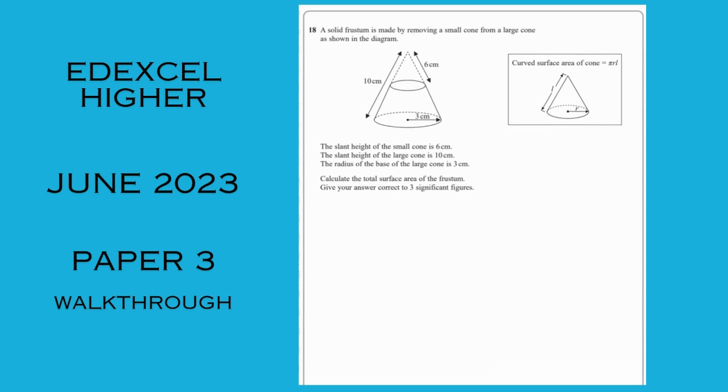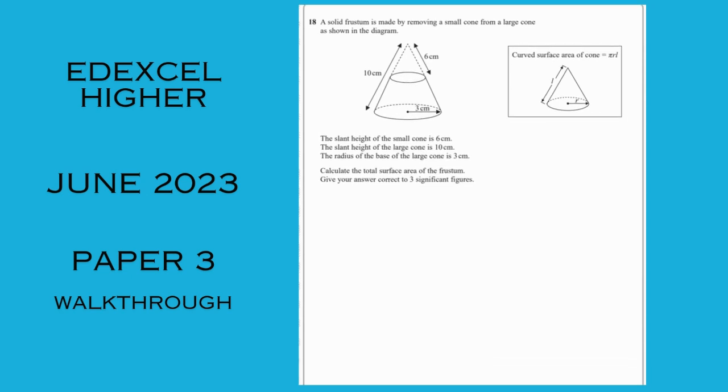Number 18, calculator papers love a frustum, so here we go. Now, as with most of these, the main spot, always look for similar triangles, because in order to work out this frustum, you're going to need to use this radius here. There's your problem. The good news is you've got the 3. So what happens to 10 to get to 6?